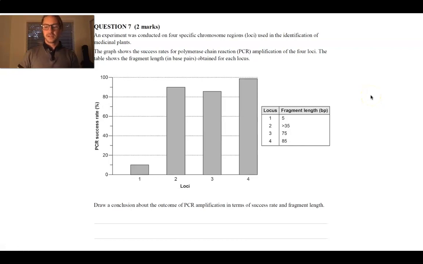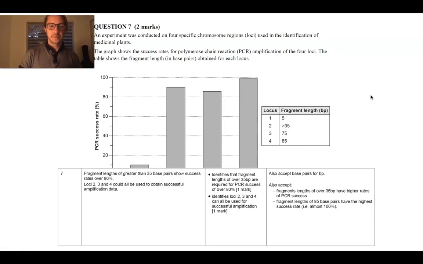Okay, so here is QCAA's response, and I think you guys would get something pretty similar. It was 2 marks. So you get 1 mark for identifying that fragment lengths of over 35 base pairs are required for PCR success of over 80%. So we could probably call that successful, 80% or more.